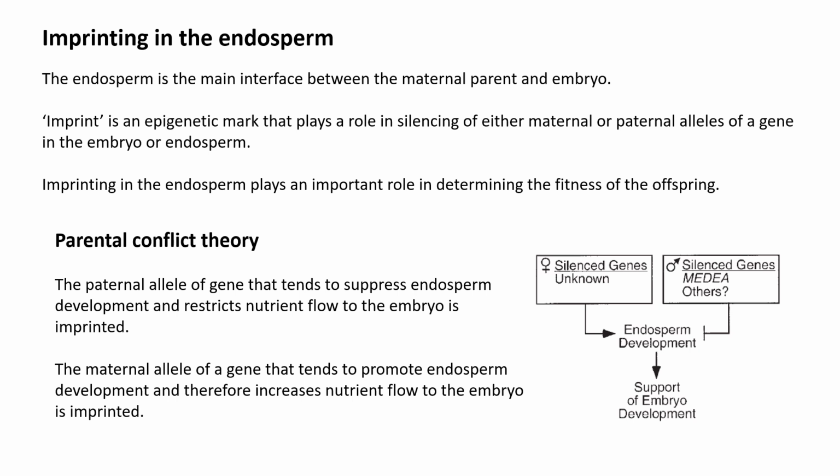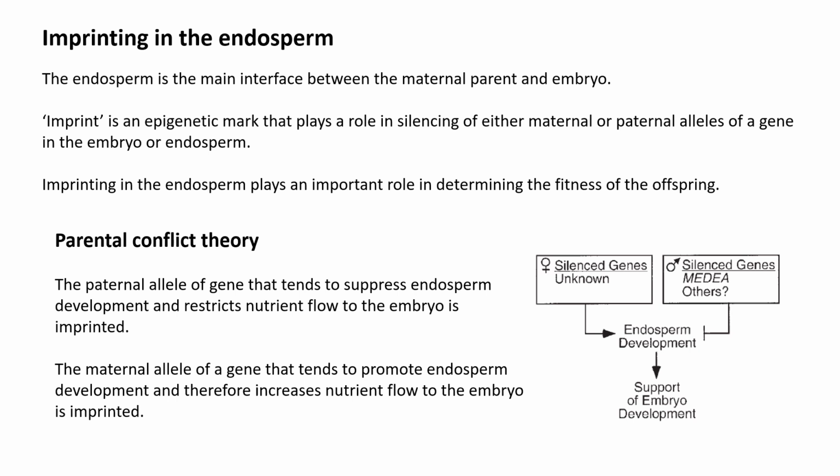Now, a theory has been proposed to account for this process of imprinting. According to the parental conflict theory, as it is called, imprinting may have arisen from a conflict between the maternal and paternal genomes in relation to the transfer of nutrients from the mother to the embryo via the endosperm.